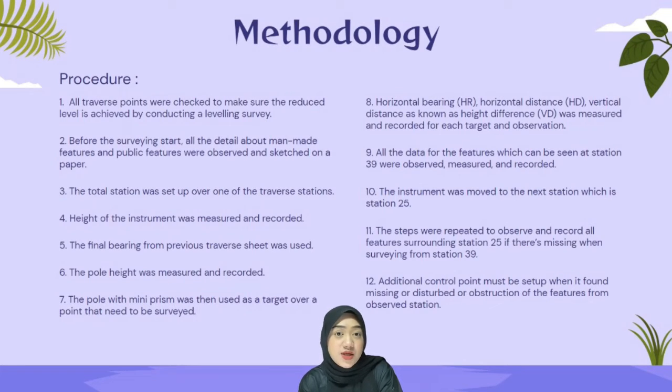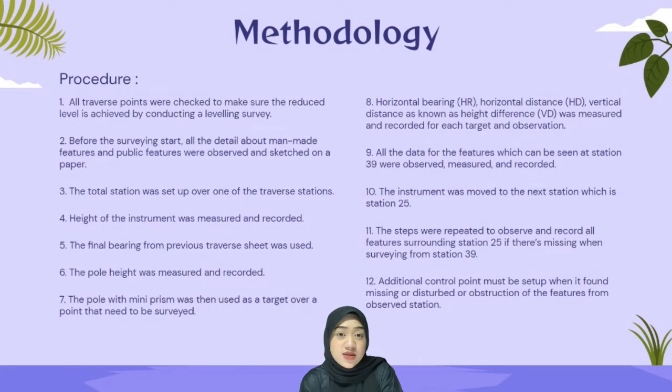Next, the final bearing from the previous traverse sheet was used, and the pole height was measured and recorded. Next, the pole with mini prism was used as a target over a point that needed to be surveyed. Horizontal bearing, horizontal distance and vertical distance were measured and recorded for each target and observation.